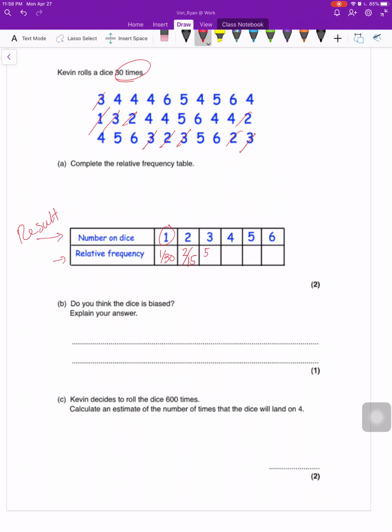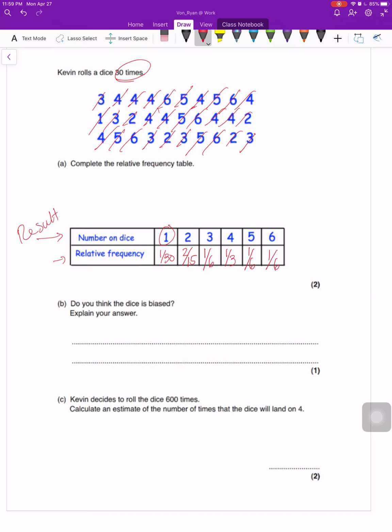So 5 out of 30, or in simplified form, that's just 1 over 6. 4 appeared a lot. So 1, 2, 3, 4, 5, 6, 7, 8, 9, 10. So 10 out of 30, so that's 1/3. 5 is the same as 3, so it's 1 over 6. And then 6 is the same as 1, 2, 3, 4, 1 over 6.